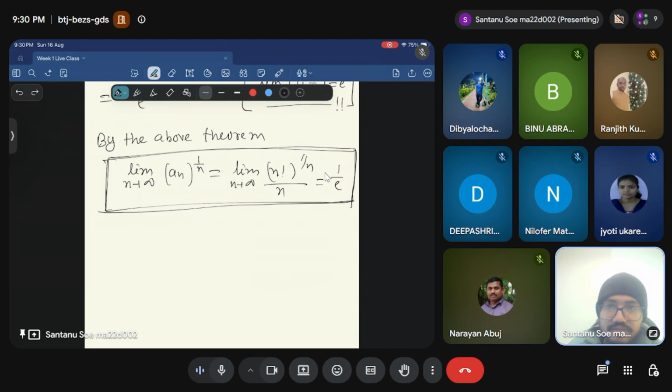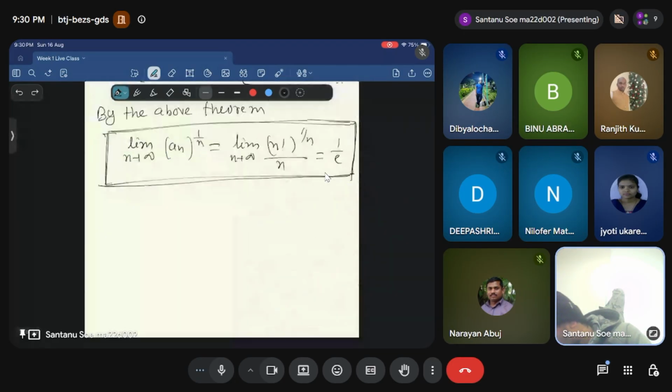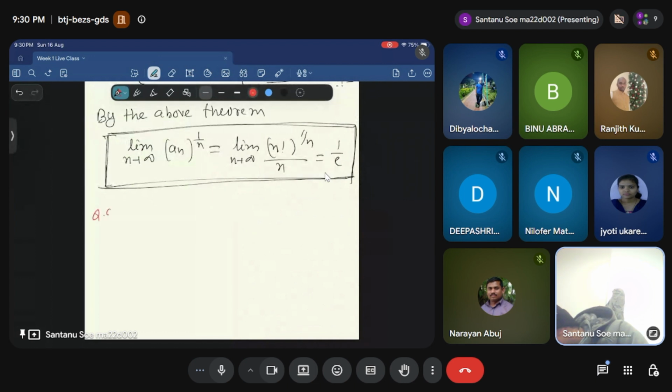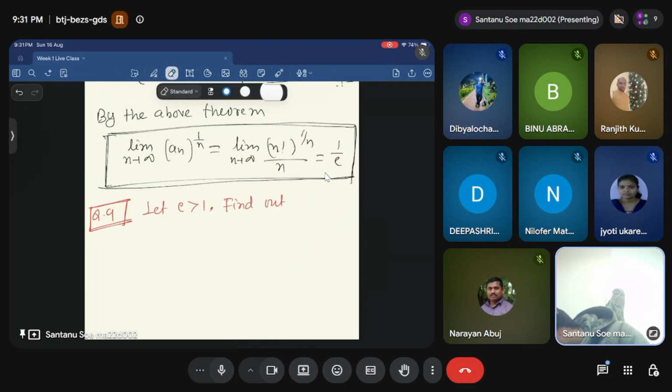Yeah, this is a very, very important question. I'm going to write it here. Let c be greater than 1. Find out the limit as n tends to infinity.